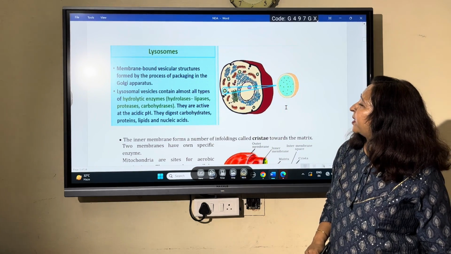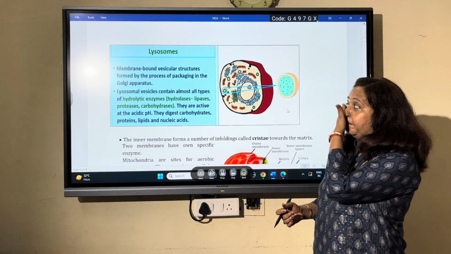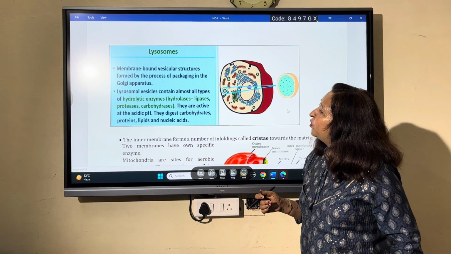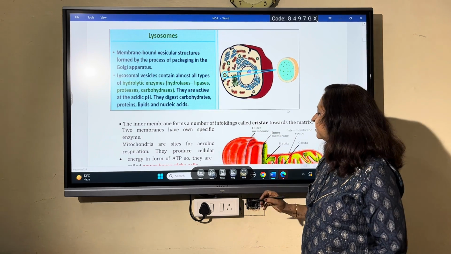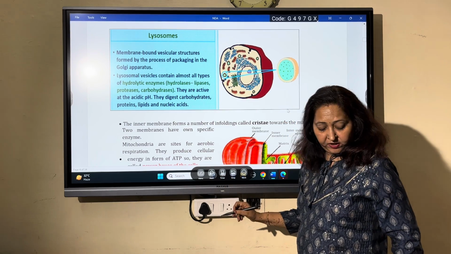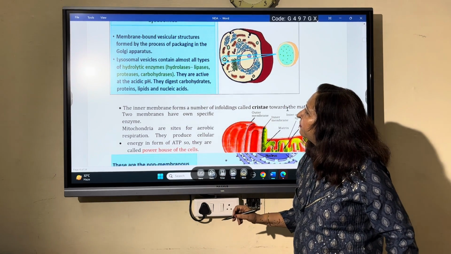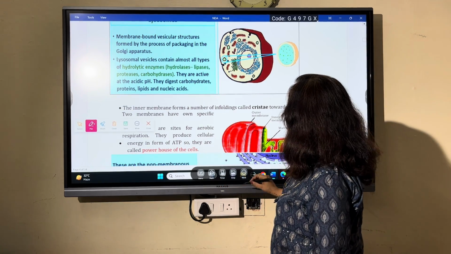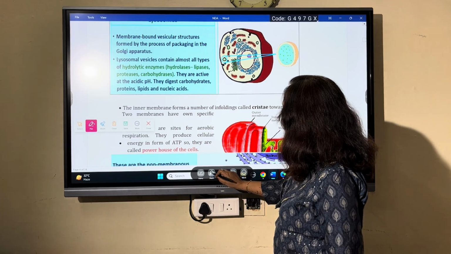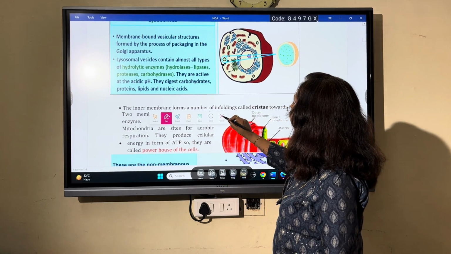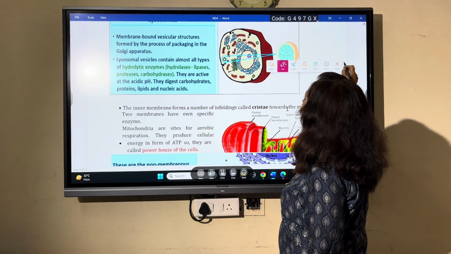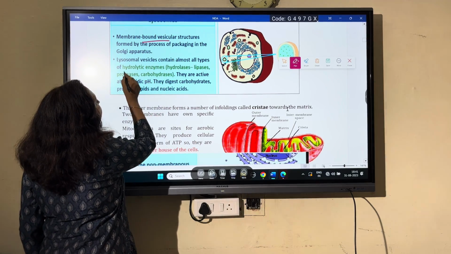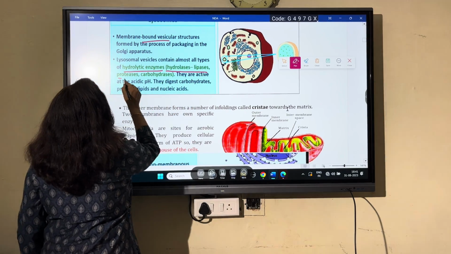Now in the cell chapter, we should know the different organelles, and we should know the function of each and every organelle. First we should know lysosomes. What are the functions of lysosomes? Lysosomes are membrane bound vesicles and they contain hydrolytic enzymes like lipases and proteases.